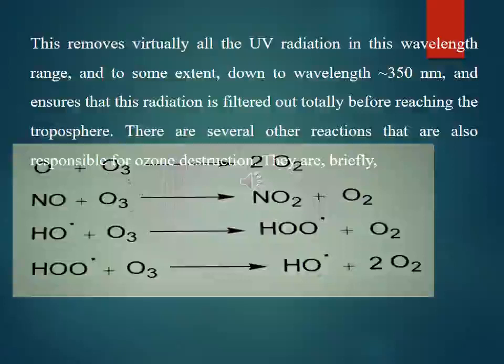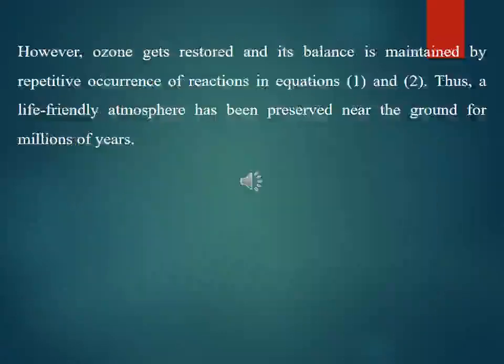Perhydroxyl radical reacts with ozone again to form hydroxyl radical and an oxygen molecule. However, ozone gets restored and its balance is maintained by the repetitive occurrence of these reactions. Thus, a life-friendly atmosphere has been preserved near the ground for millions of years.